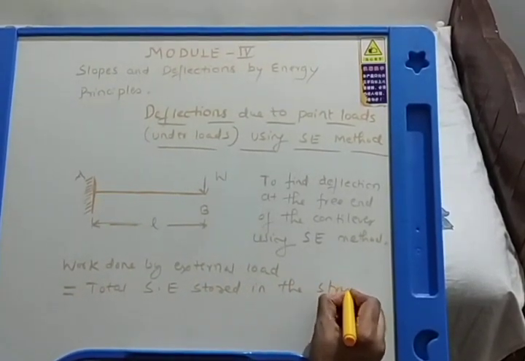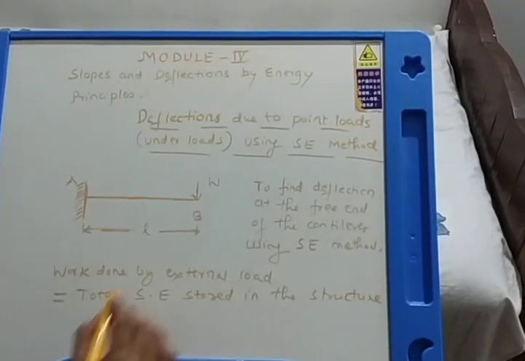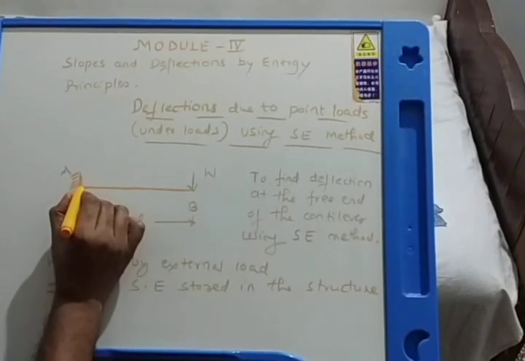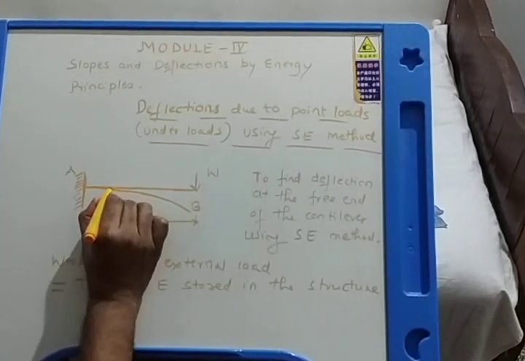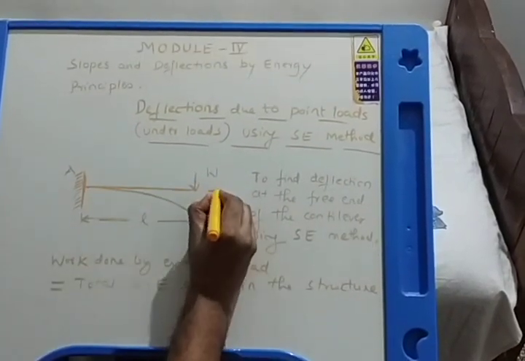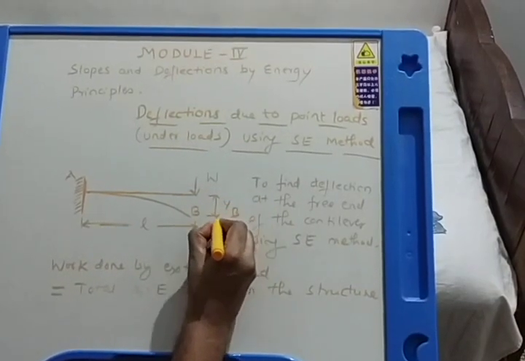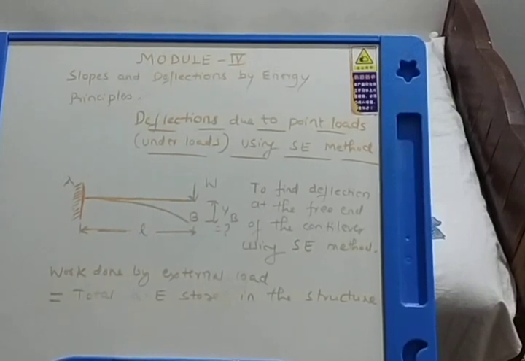This is the principle of finding deflection. So what is asked? To find out deflection at the free end. You know how the cantilevers deflect? They deflect in the hogging manner like this because they are subjected to hogging moment. So this is what we are going to find out. This is the deflection, YB. How much? I hope you have understood the question.